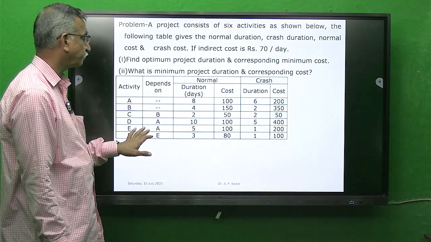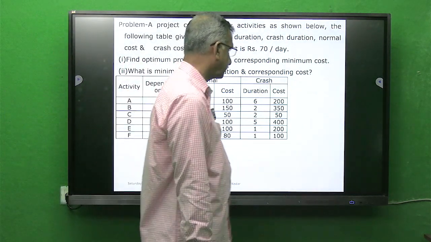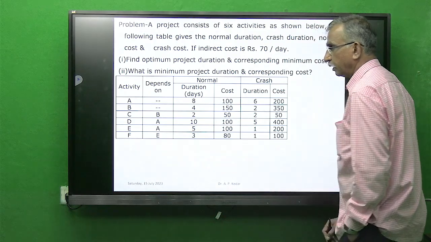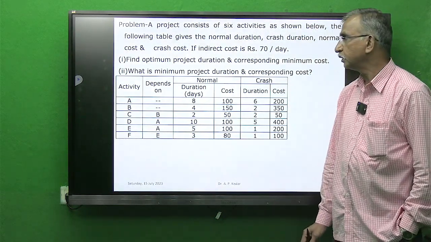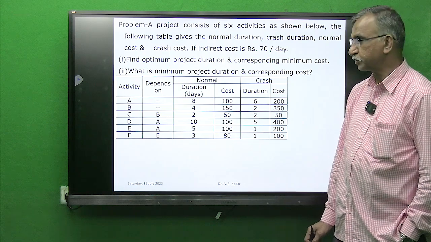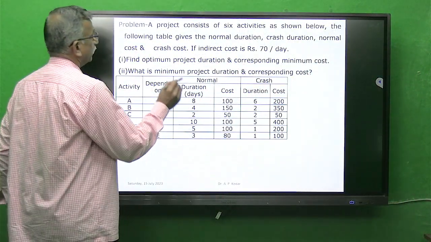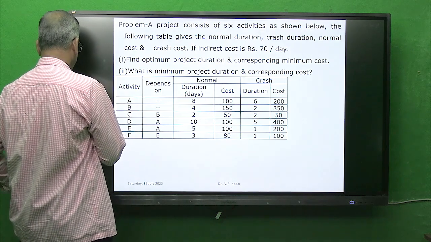Now, suppose a problem is given like this, and we wish to find the optimum duration. How to proceed? See, this network is given as a problem.